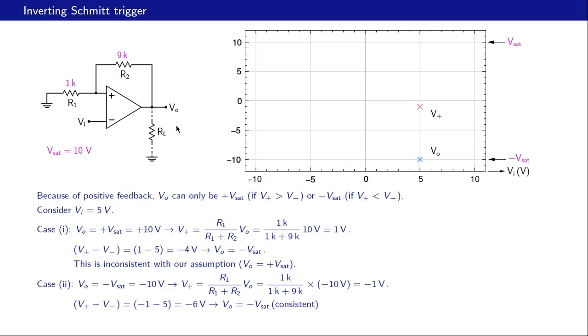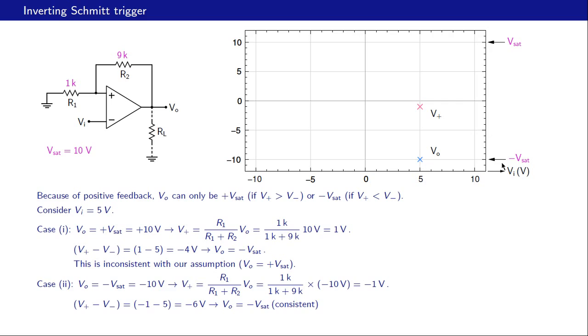Let us show that data point on this plot here. What are we plotting? We are plotting V plus as well as Vo as a function of Vi, and right now we have only one data point, that is Vi equal to 5. For Vi equal to 5, we have V plus equal to minus 1 volt and Vo equal to minus 10 volts.